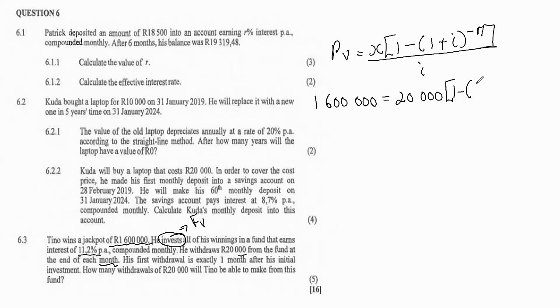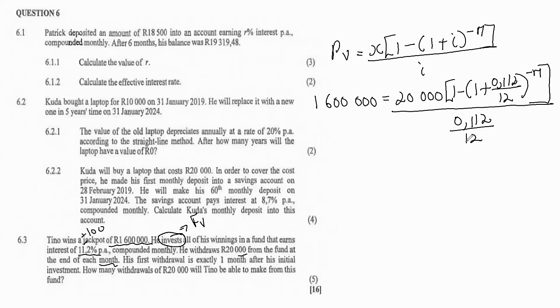And 1 minus 1 plus interest, 11.2%, which we have to divide by 100 to give us 0.112, and then over 12 since it's compounded monthly, to the exponent of negative n, then close the bigger bracket. So make sure that you are very careful with punching in your brackets here, because one mistake, you can just find yourself with a very weird answer.